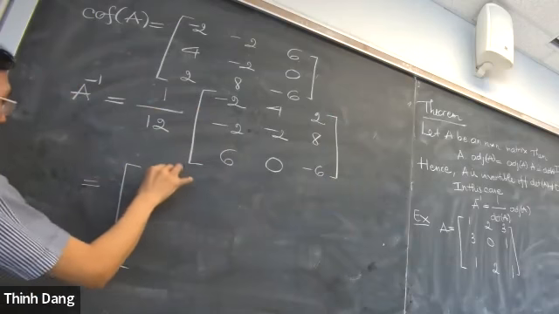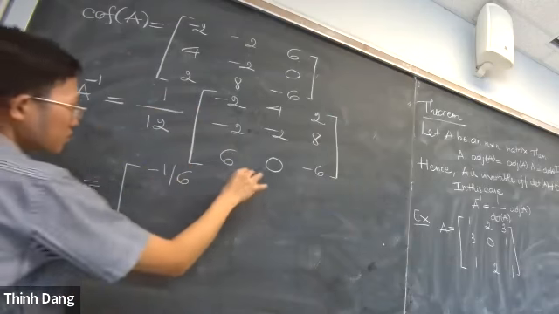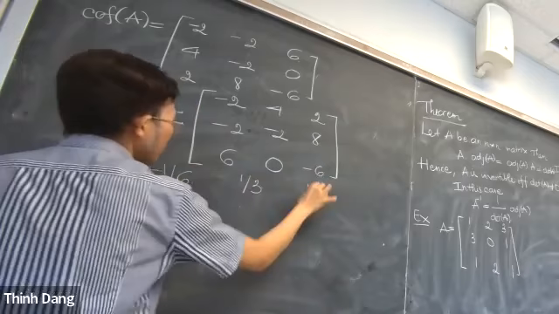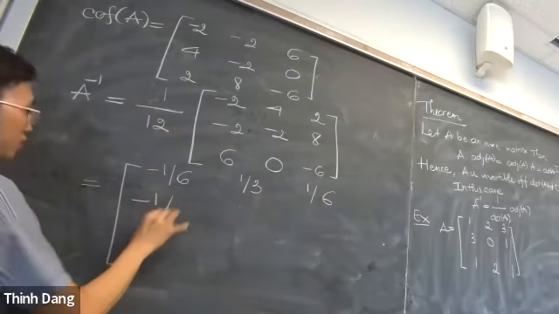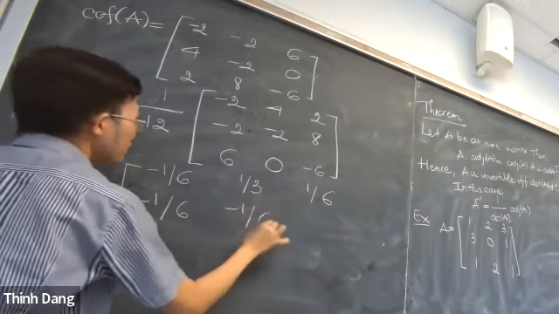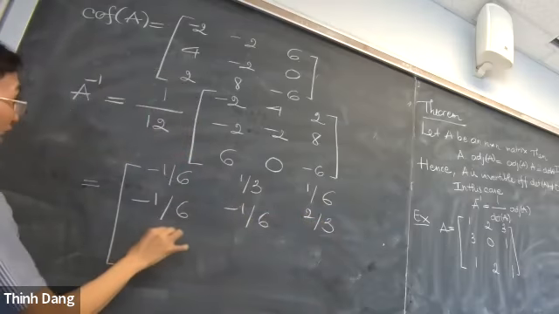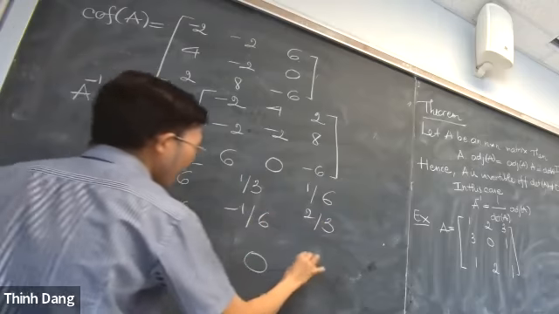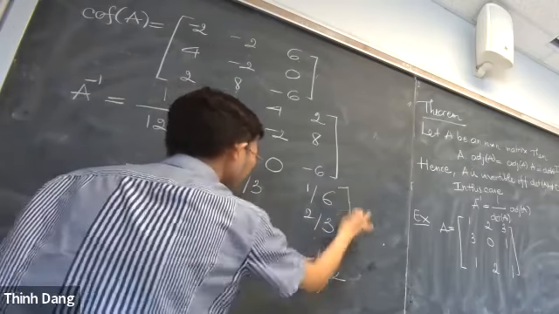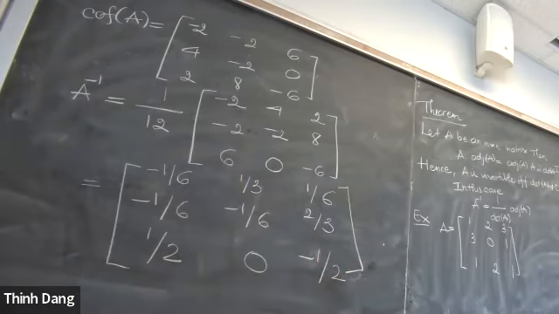So the answer should be -1/6, 1/3, 1/6, -1/6, -1/6, 2/3, 1/2, 0, and -1/2. This is the inverse of matrix A using the formula.